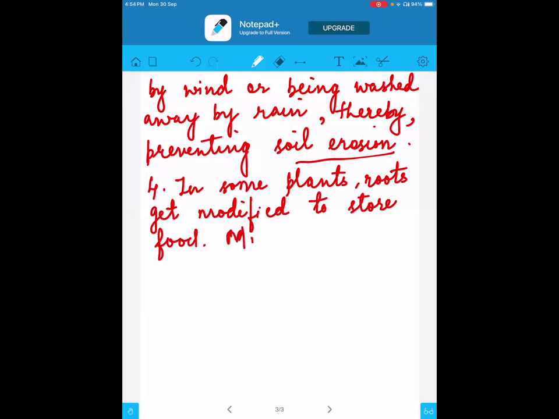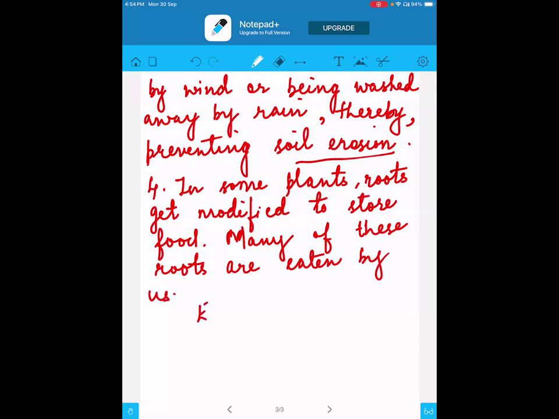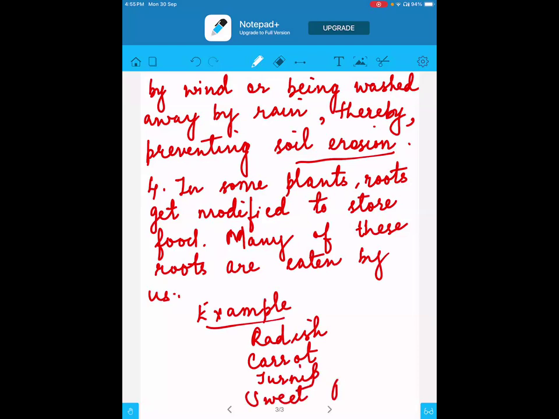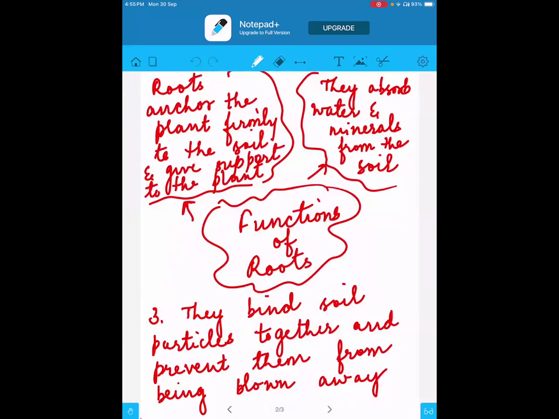Once they store food, many of these roots are eaten by us. For example, radish, carrot, turnip, sweet potato. These are the functions of it. So write it down and then we will go to the next point.